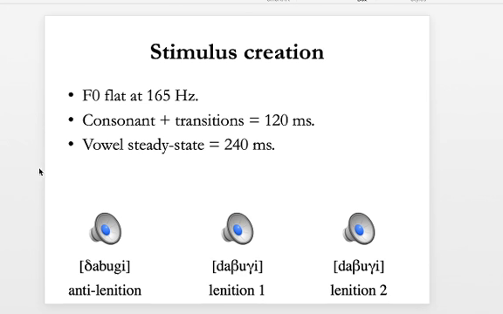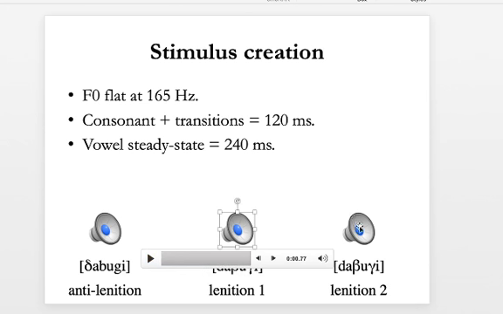Here are three examples of words from each of our three conditions. This is the anti-Lenition condition, so this is going to be with an initial continuant and medial stops. Here's one from the Lenition 1 condition. This will have an initial stop and medial continuant. These are slightly less vowel-like continuants.